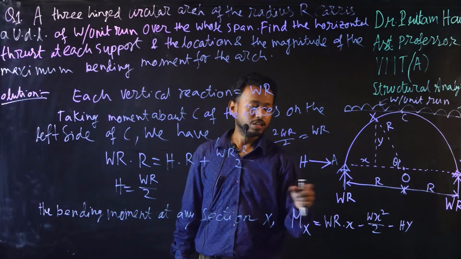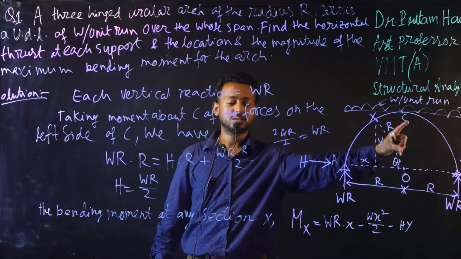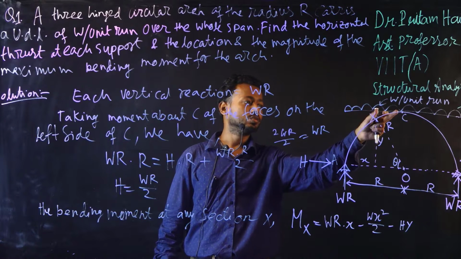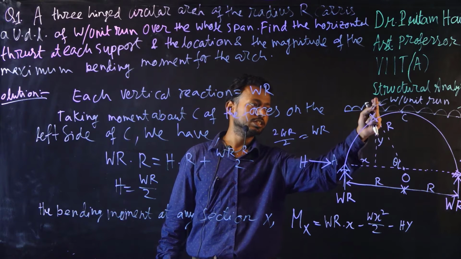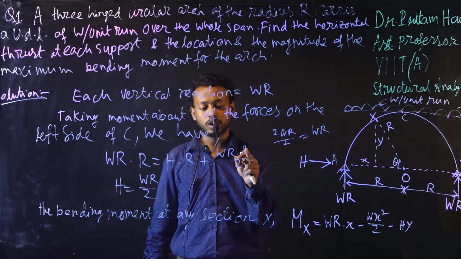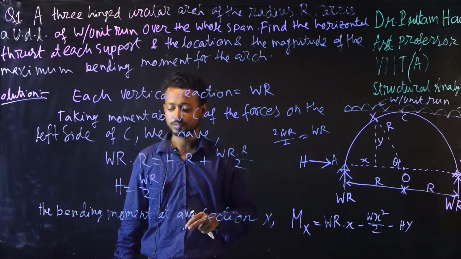Otherwise you can write w into r equals h into r plus w into r by 2, right? The CG is acting at r by 2 distance, so w r square by 2. So the horizontal thrust you calculate as wr by 2, right?